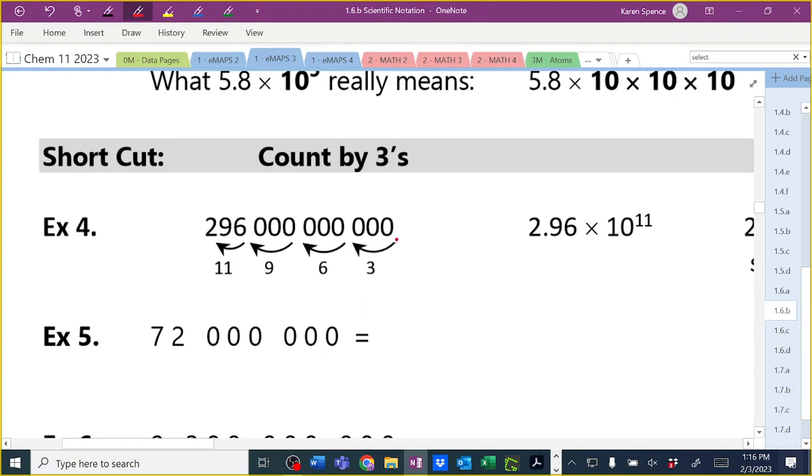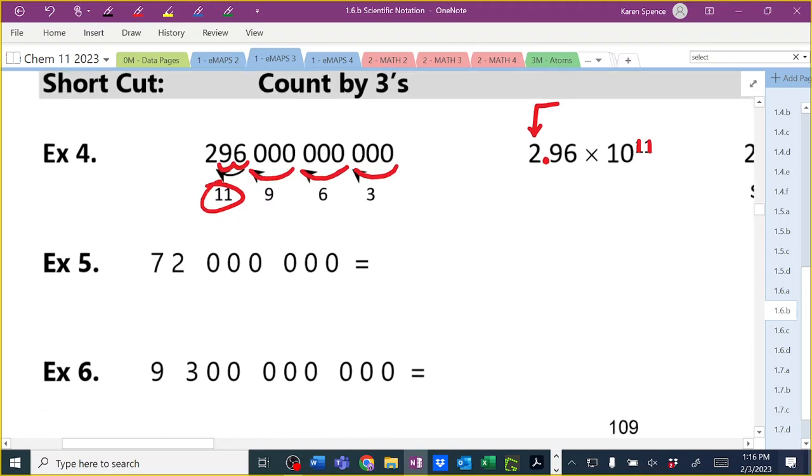So you would say 3, 6, 9, and then you have 10, 11 to get it beside the 2. So that would be 2.96 with a single non-zero digit in front of the decimal, times 10 to the 11. And that is a large number, so it would be positive 11.